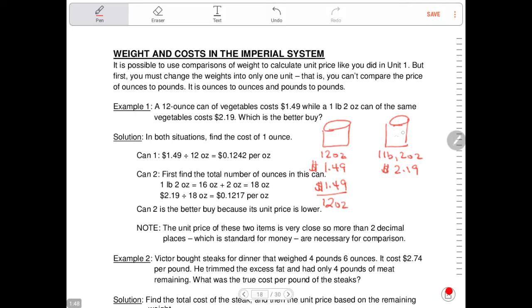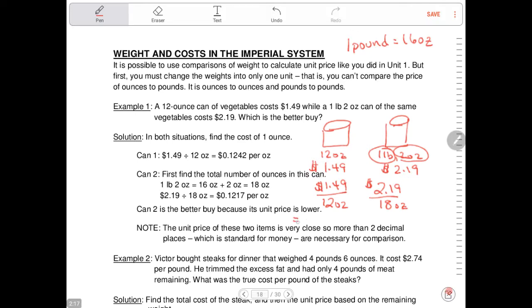You could rewrite the second can here. Remember, how many ounces are there in a pound? Well, we know from the last video, or maybe 2 videos ago, that 1 pound is equal to 16 ounces. So therefore, 1 pound is 16 ounces, and here's 2 more. So we know that this is $2.19 for 18 ounces.